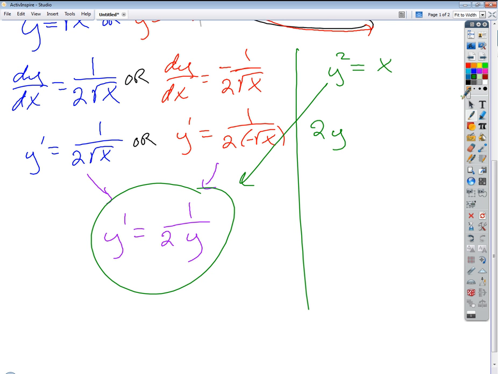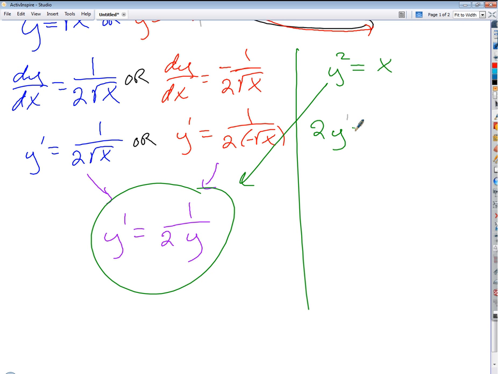We don't write the 1, but it's there, right? Times the next layer. Well, when I peel that away, I've got a y. What's the derivative of that with respect to x? Y prime, right? It's dy dx. Because it's not an x, when I differentiate it, it doesn't just become a 1.